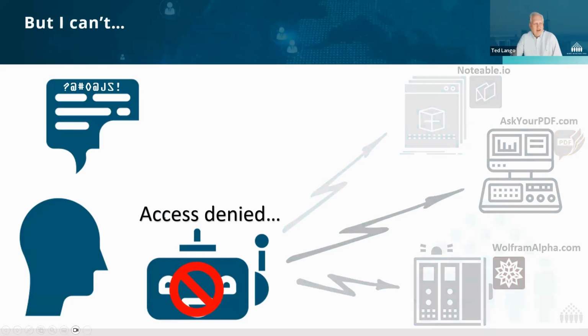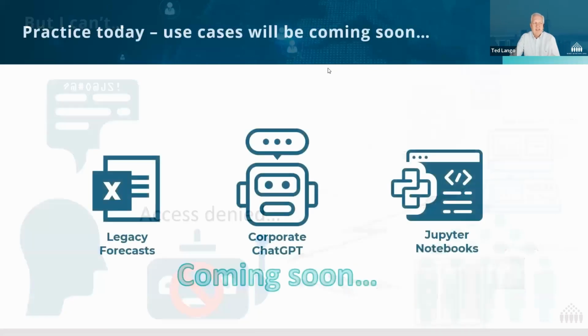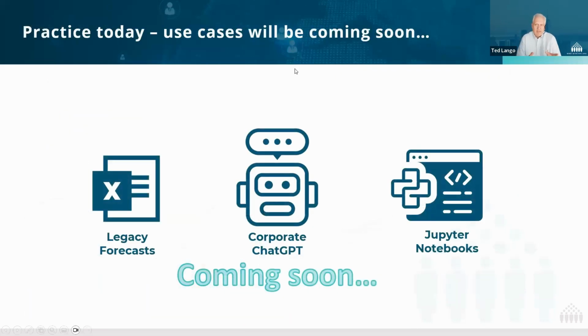I'll also just say, I speak to a lot of people and they're like, hey, I can't get to ChatGPT. And a lot of folks at work, this is still walled off because of security concerns. If your access is denied to ChatGPT, I would strongly encourage you to do it outside of work just to get your skills up to using this tool itself, because at some point, your company will end up with a large language model of some sort that is approved and inside their four walls.